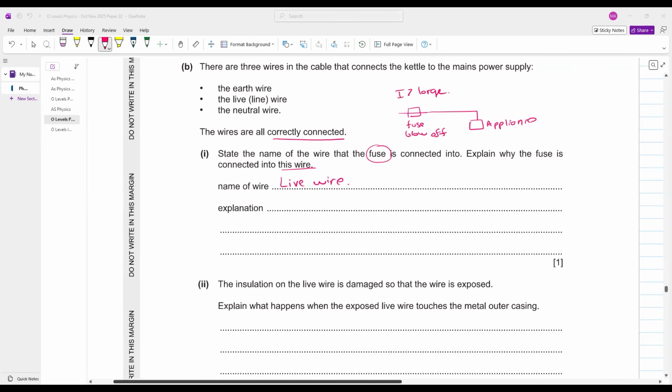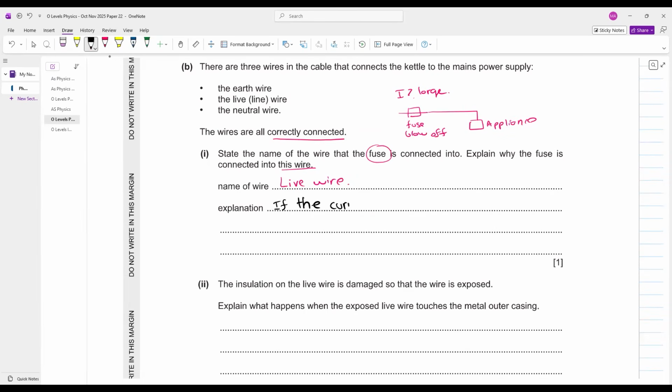We place the fuse in the live wire so that if the current gets very large, the circuit disconnects या the wire disconnects without harming the kettle. देखो बेटा अगर आपका करंट बहुत लार्ज हो जाएगा क्या होगा? फ्यूज ब्लो ऑफ हो गया, आपका करंट अप्लायंस को पहुंचेगा ही नहीं. दिस विल नॉट हार्म द अप्लायंस.